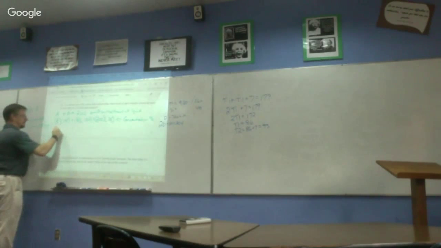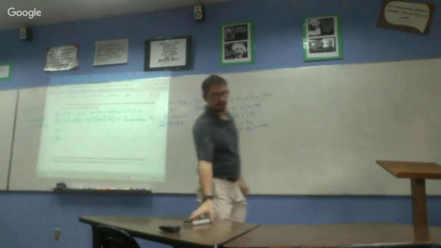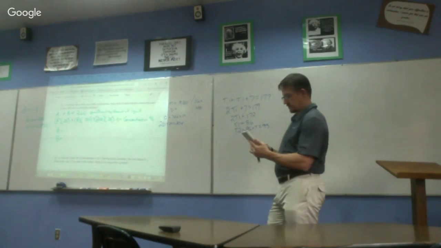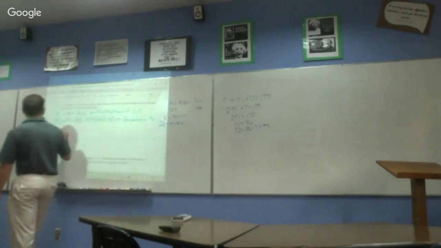We should be able to find A. We should be able to find B. How much is in A? I got 120 over here. For the 25%?